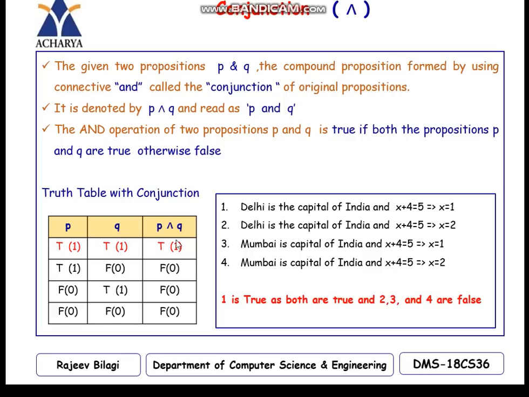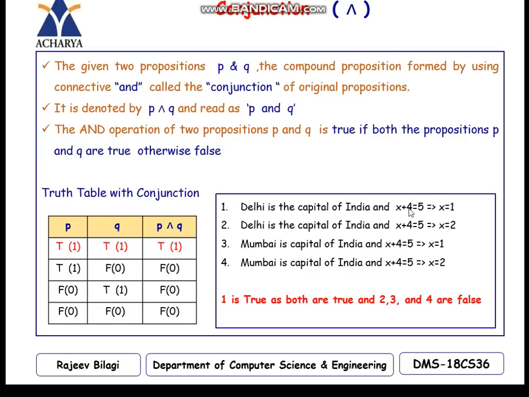Now to explain, I have written one scenario or illustration. The first statement says Delhi is the capital of India and x plus 4 is equal to 5, so that x is equal to 1.